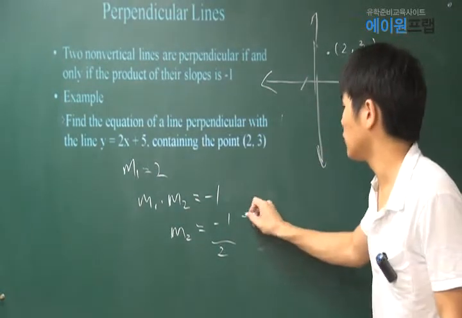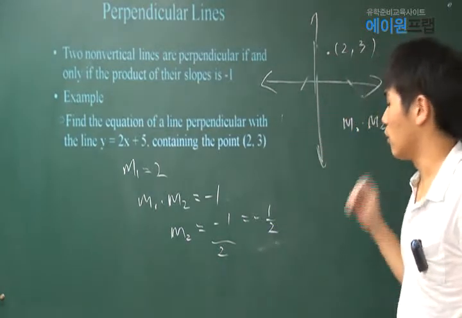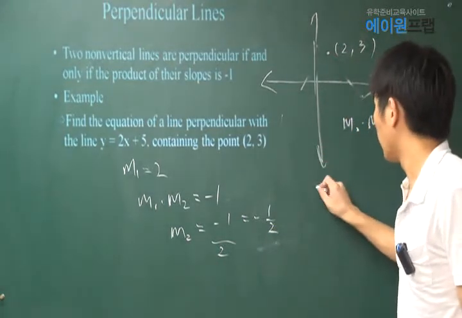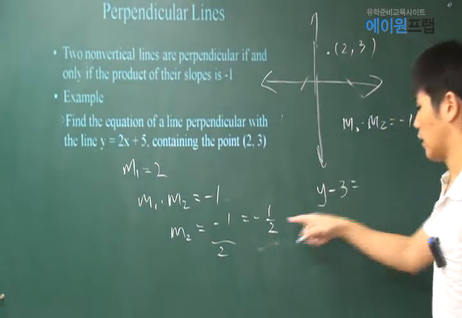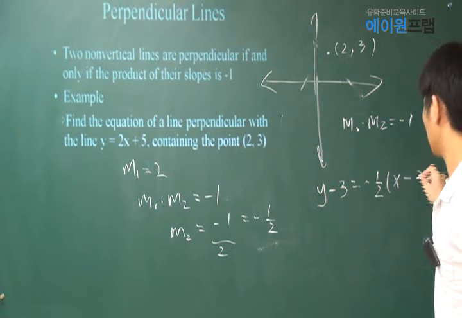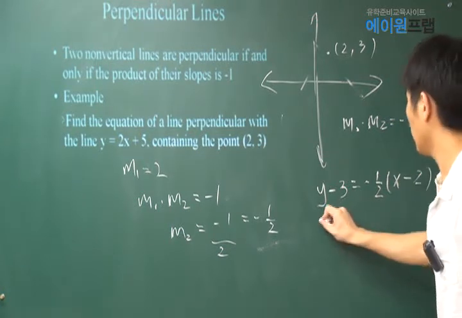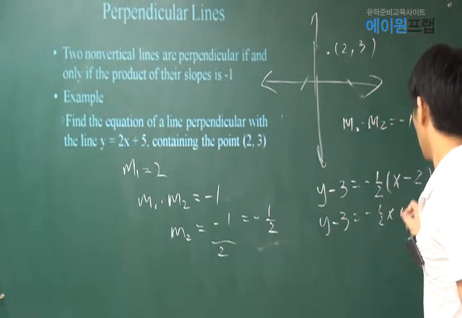Now we know the slope is negative half. Again, we can use the point-slope equation to find the equation of the line. We know the point (2, 3), so we can write y minus 3 equals negative half times (x minus 2). Simplifying, y minus 3 equals negative half x plus 1.